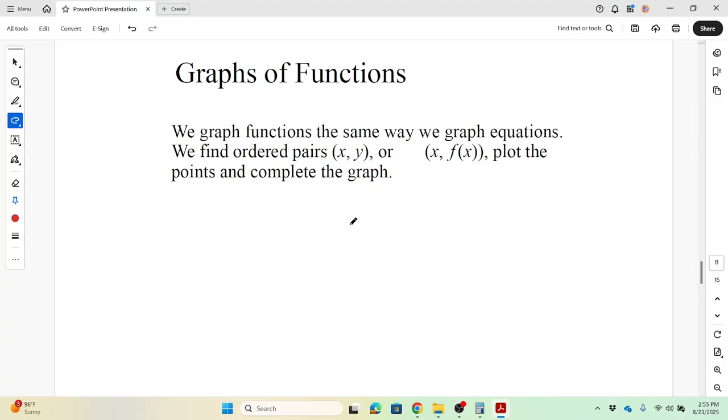So whenever we try to plot the graph of the function, we are basically collecting all the x coordinates and y coordinates. x is coming from the domain. y is actually the value of the function. So you might see y or f of x, but both of them mean the same thing. So if you want to plot the graph of a function, make a table of x and y, and then just plot those points, and that gives you the graph of the function.